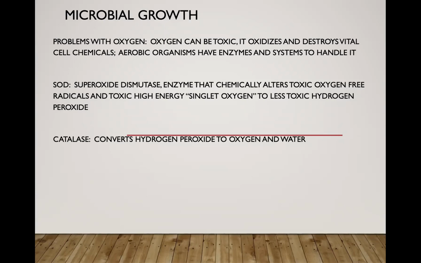One example is the enzyme SOD, superoxide dismutase, which chemically alters free radicals that are produced to make the environment more tolerable for bacteria. Catalases are also enzymes that convert hydrogen peroxide to oxygen and water. So aerobic organisms have the physiological capability to process or utilize oxygen that might be present in the environment.